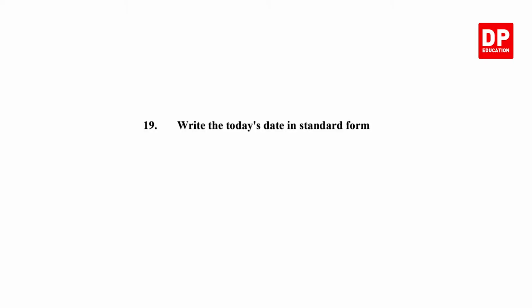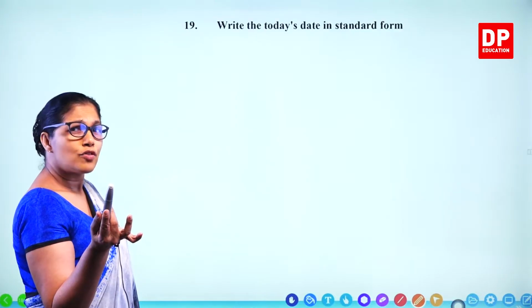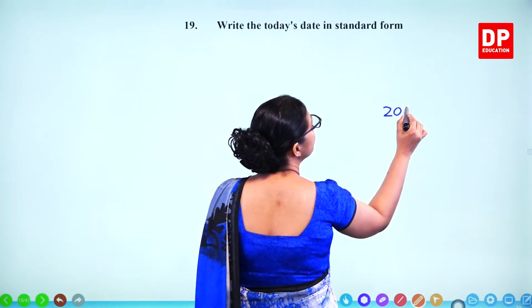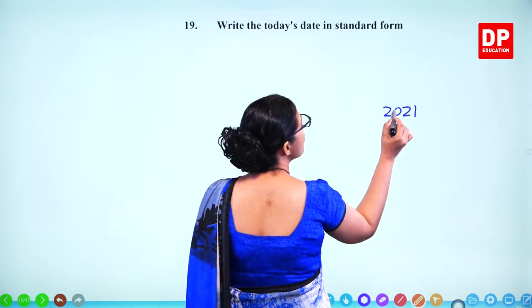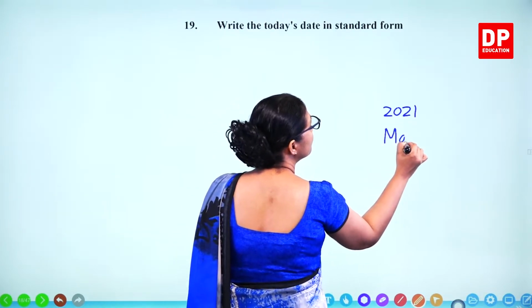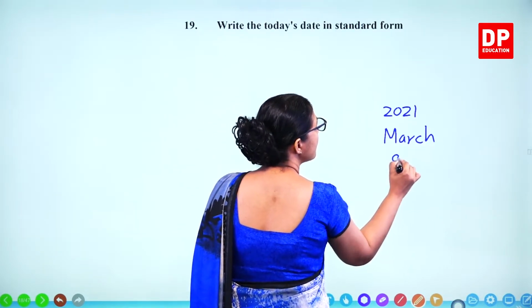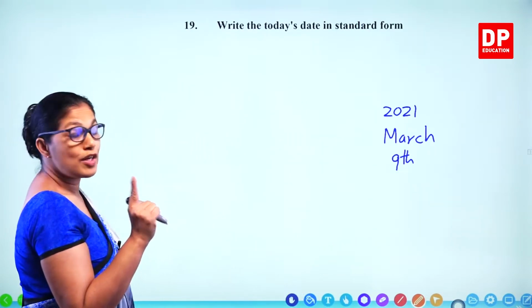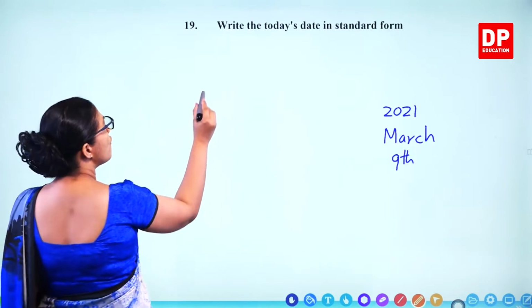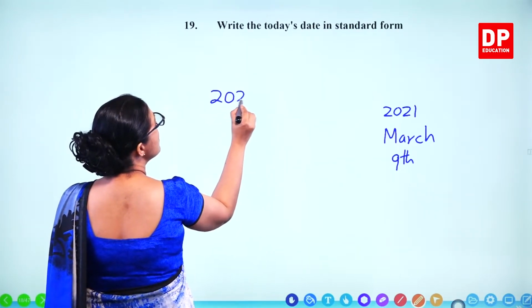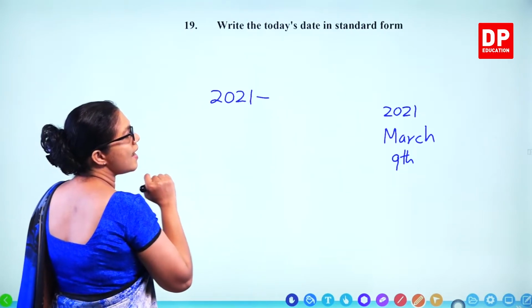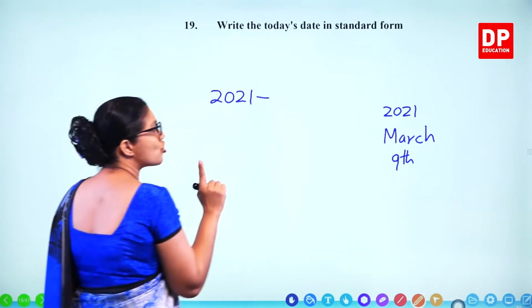Write today's date in standard form. So let's take 2021 March 9th. How we write in standard form. So when you are writing standard form, first the year 2021, then small slash like this, and then March.